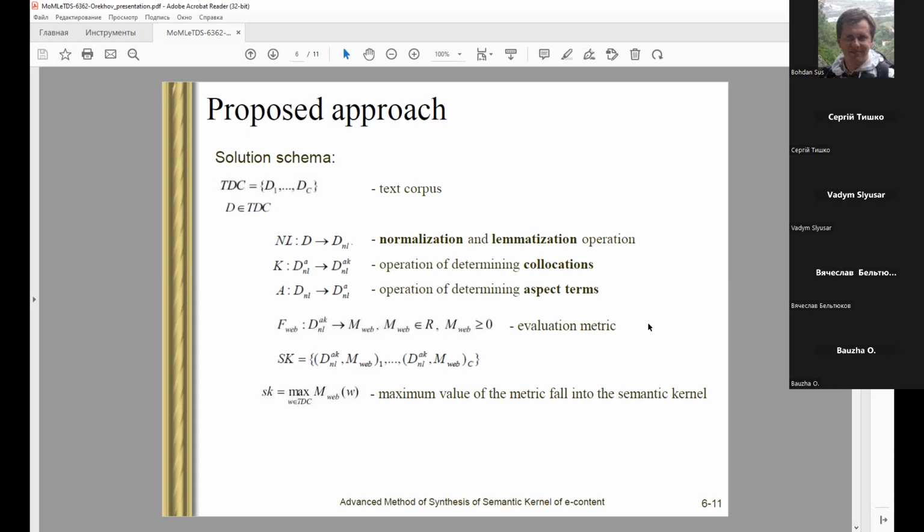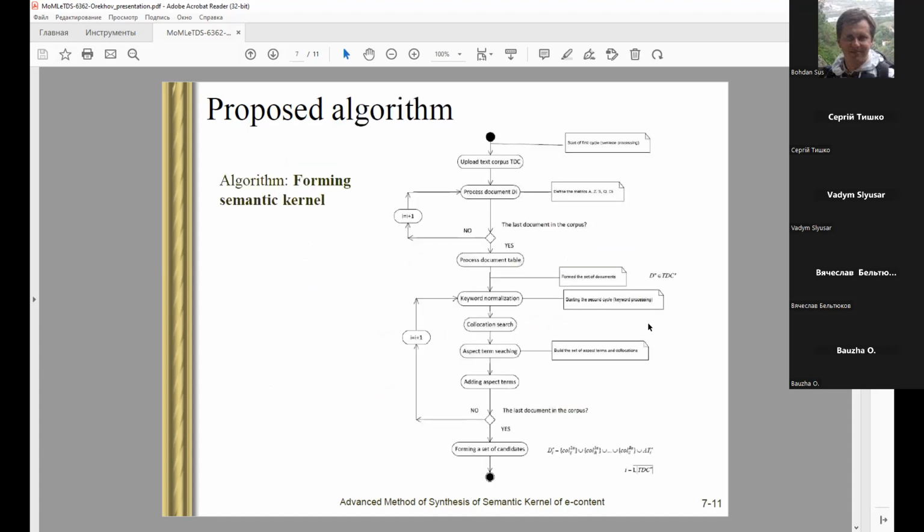At the same time, in order to evaluate either a collocation or an aspect term, we use a special metric. That is one of those metrics that were shown on the previous slide. Then the algorithm of the semantic kernel synthesis method, which reflects two processing cycles, is shown on slide number 7.